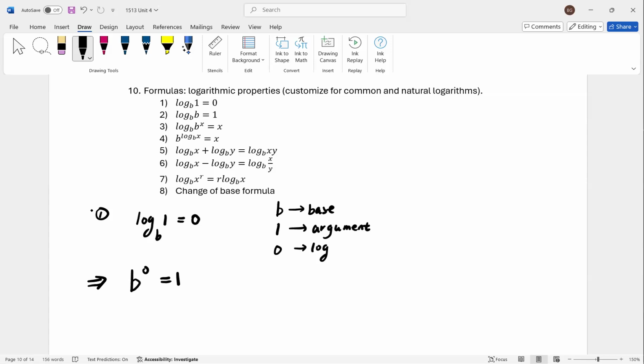Since b is the base of the log, b has to be bigger than 0 and not equal to 1. So a non-zero number to the power of 0 equals 1. This is an identity or a true statement we have covered in Foundation 2. Those two equations are equivalent. All right. So log with base b of 1 equals 0 is equivalent to b to the power of 0 equals 1.